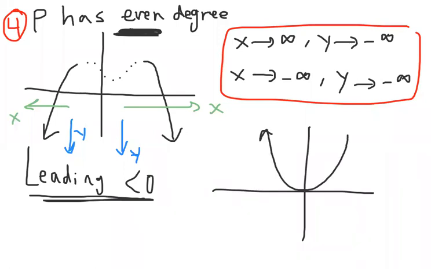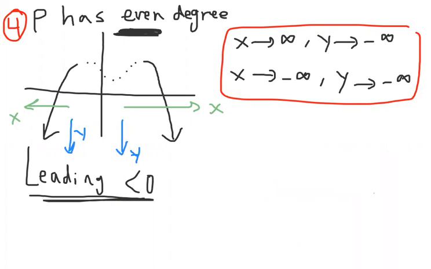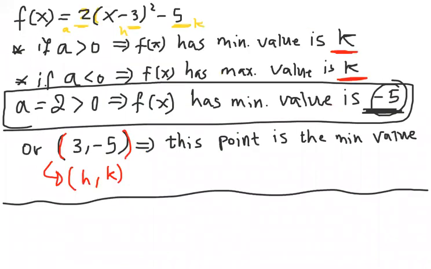Let me go to the new slide. So the simplest parabola is p of x equals x squared. It looks like that.